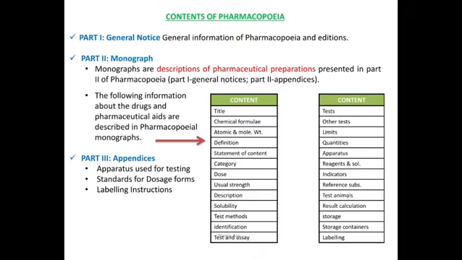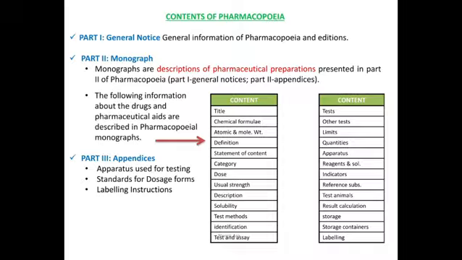Next, what are the contents of pharmacopoeia? Here, we are going to discuss it in three categories. One is part 1, which is referred to as general notice. Another one is part 2, which is defined as monograph. And thereafter part 3, which is known as appendices. In part 1, we are going to discuss the general notice, general information of pharmacopoeias and editions. And in part 2, we are going to study monographs. What are monographs?